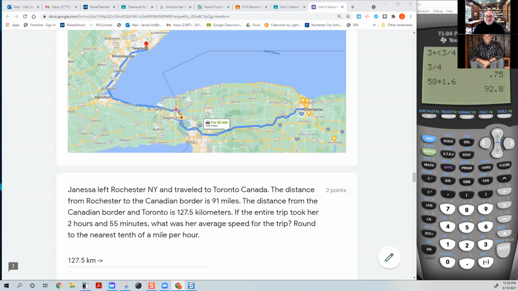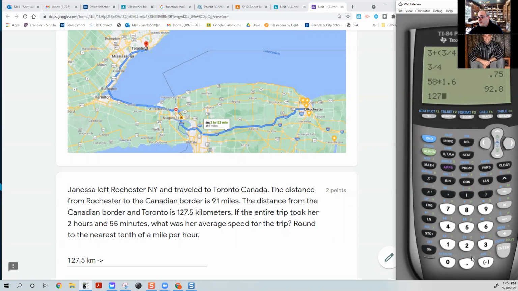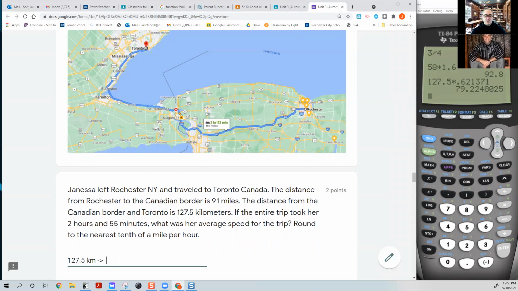If I know what 1 kilometer is, and I have something 127.5 times bigger, I multiply 127.5 by what 1 kilometer equals in miles: 0.621371. Usually we wouldn't take out this many places, but we'll say about 79 miles, or more precisely 79.2 miles.